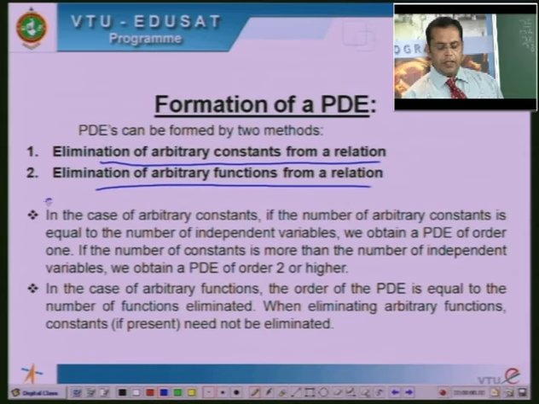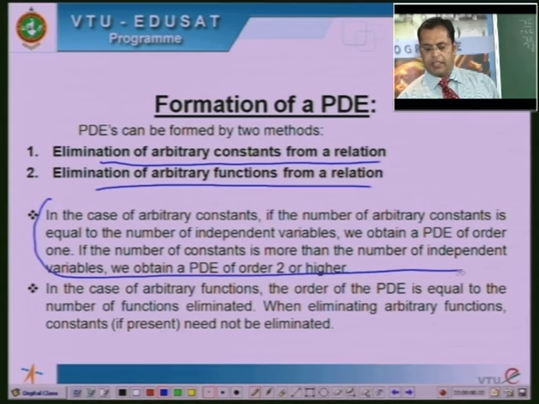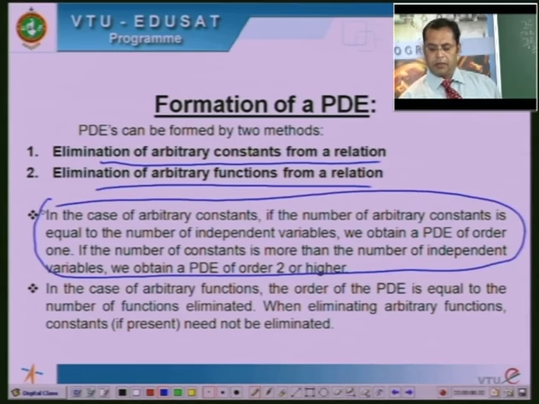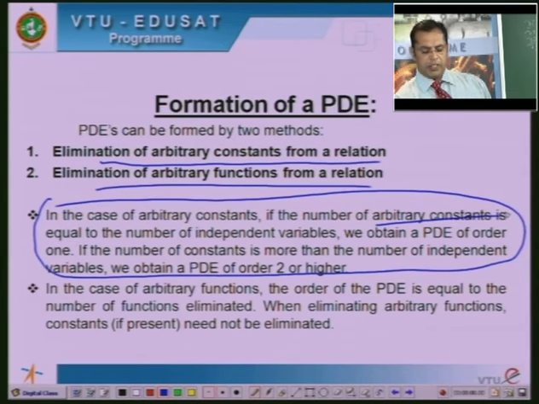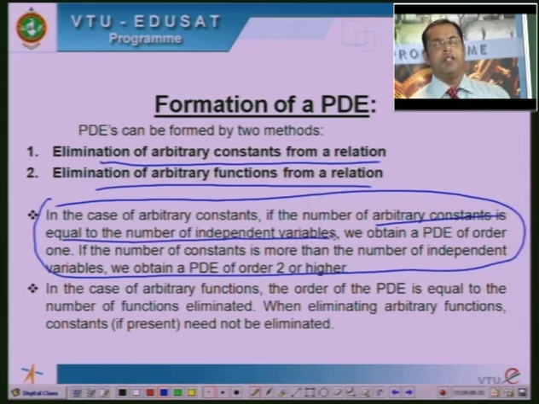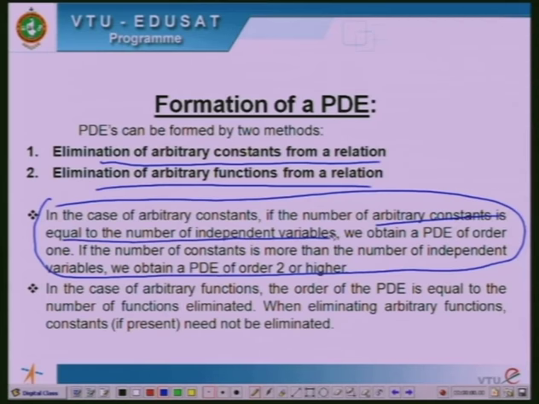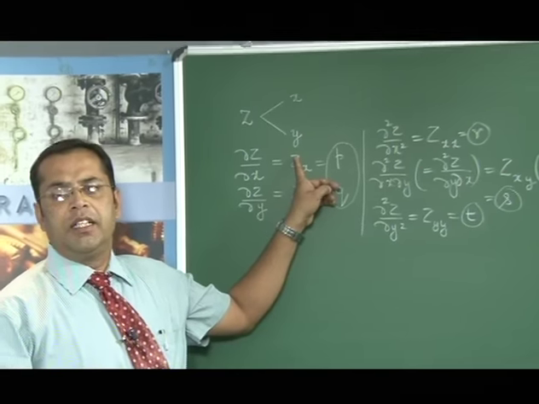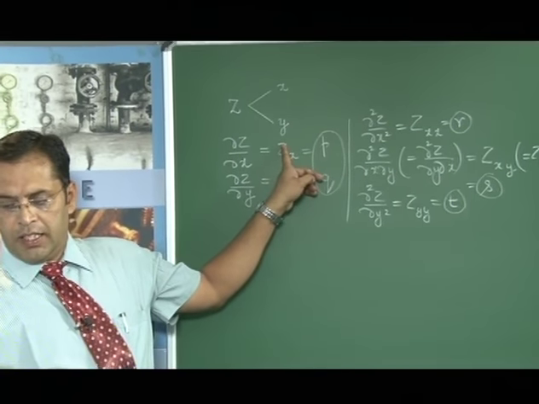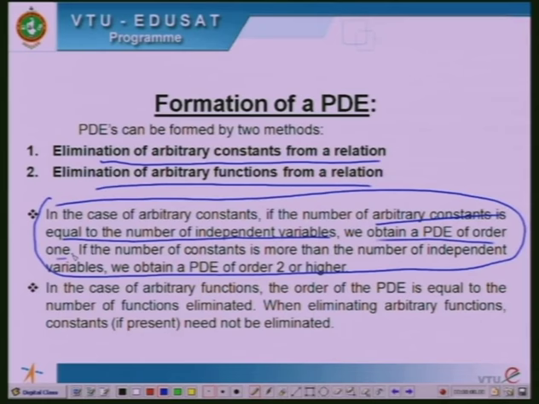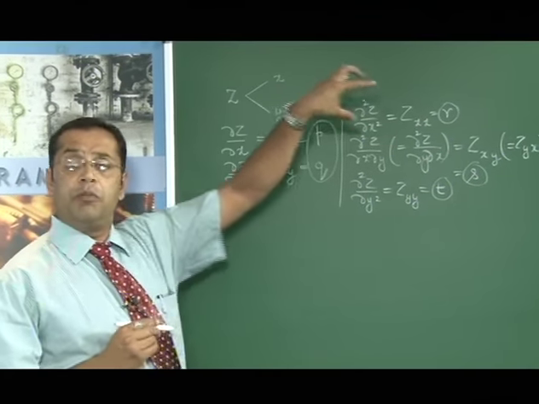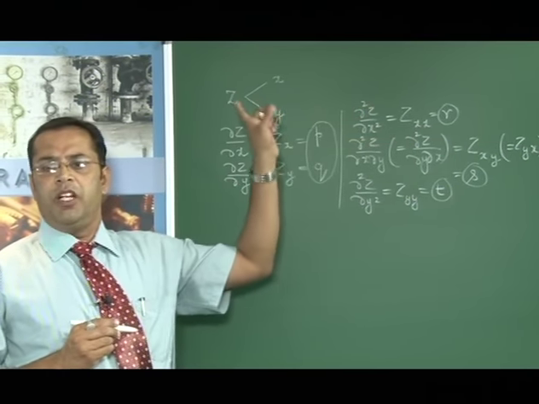Now, in the case of arbitrary constants, observe that if the number of constants is equal to the number of independent variables, that is, say for example, two independent variables x and y, then we obtain a PDE of order 1. So, if the number of independent variables is equal to number of constants, you get a PDE of order 1.